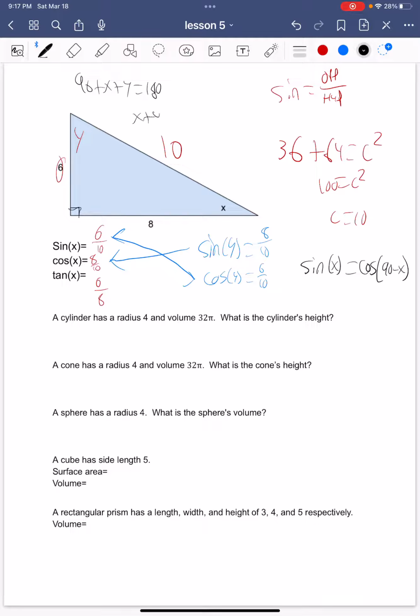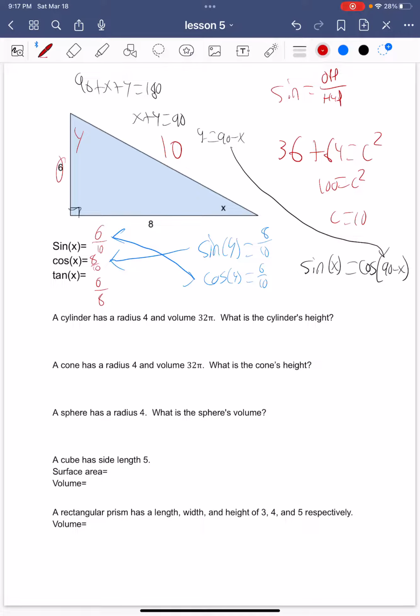So x plus y equals 90. That means y equals 90 minus x. That's why I was able to make this substitution here. A lot of times the SAT will simply ask, the sine of an angle is 0.4. What is the cosine of 90 minus that angle? And it's good to know this theorem.